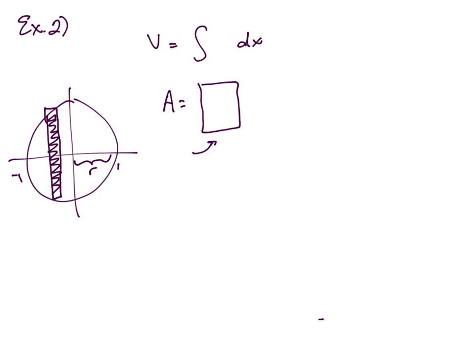Yes. Okay. So what we need to be able to do, the hardest part of this, is finding the area of the square. Well, the square's area is side squared, right? So 2y. Always side times side, always side squared. But we don't know what the y value is here. The y value is changing with x.